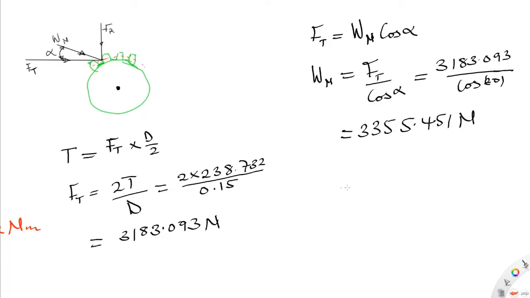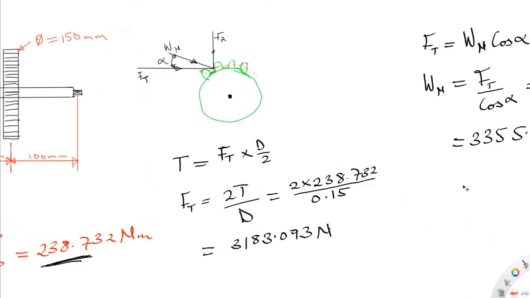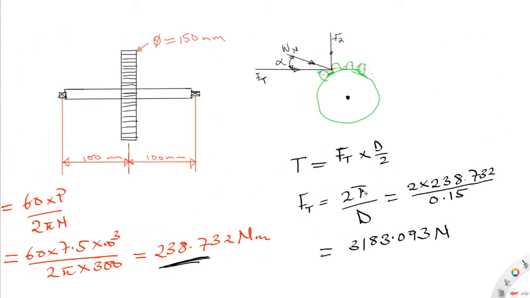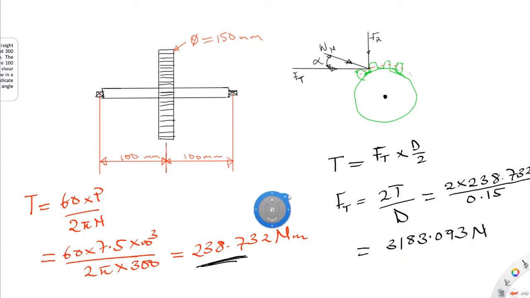All right, so that gives us the value for Wn. Now, having obtained this value, we can go ahead to determine the bending moment on the shaft. And when we look at the outline of the loading on the shaft, we can say that the maximum bending moment will occur at the center of this shaft.